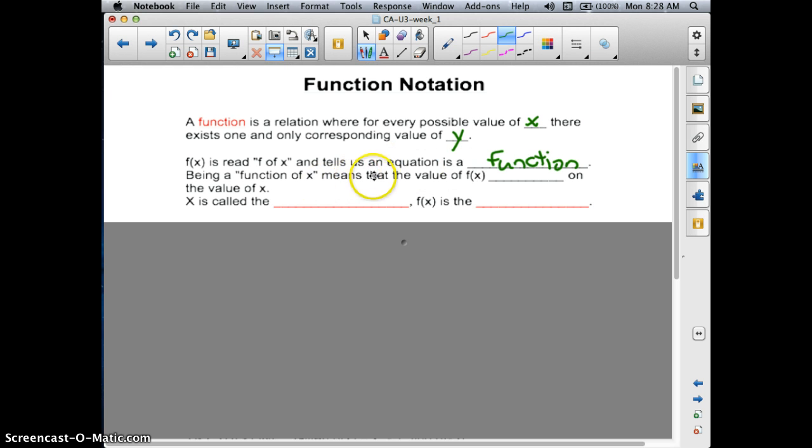Being a function of x means that the value of f(x), which is like the y, depends on the value of x. x is called the independent variable, and f(x), or y, is called the dependent variable.